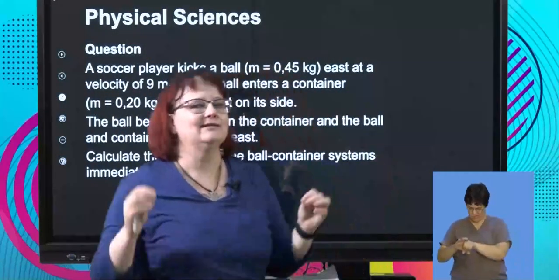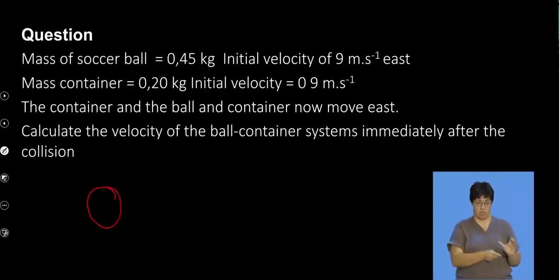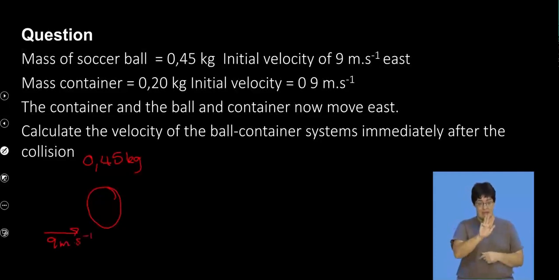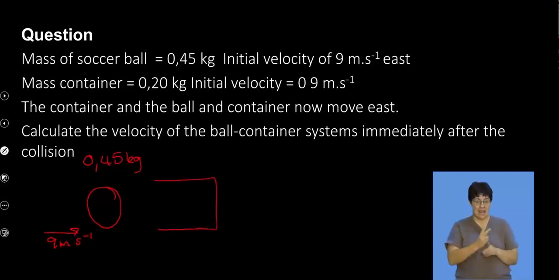Let's draw a diagram. So, we have, okay, a soccer ball of mass 0.45 that's going 9 meters per second east. Okay, I'm going to make that to the right, east. Then there's a container that's sitting on the floor. Whoever kicked this ball is amazing, because I wouldn't get it in the container.